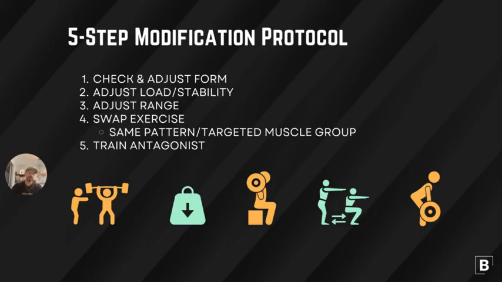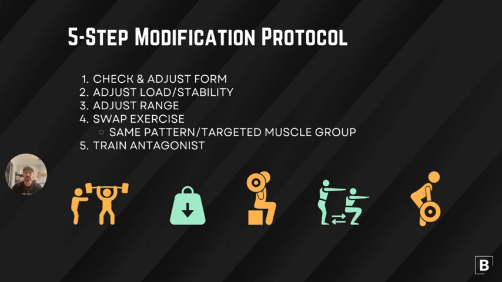Simultaneously, the quads were doing the majority of the work to get us back up. We flip it. Now we're targeting the hamstrings, so our quads can still be engaged, but their goal now is just to stabilize, not to actually perform the function of moving that part of the body from insertion to origin, right?